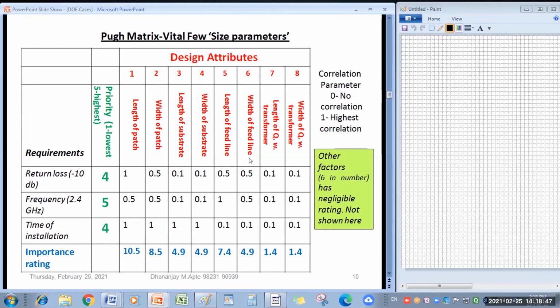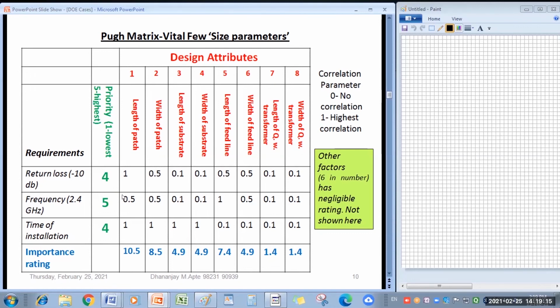Here we have written the correlation coefficient. I will tell you how this correlation coefficient is written. Look at the first design attribute, length of patch. Analyze the relationship with return loss. This relationship is put here as 1. 1 means very good relation.